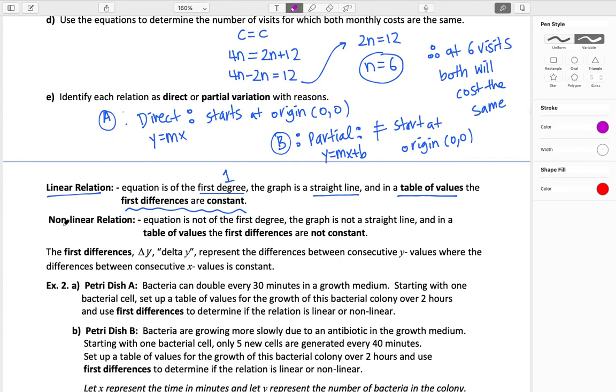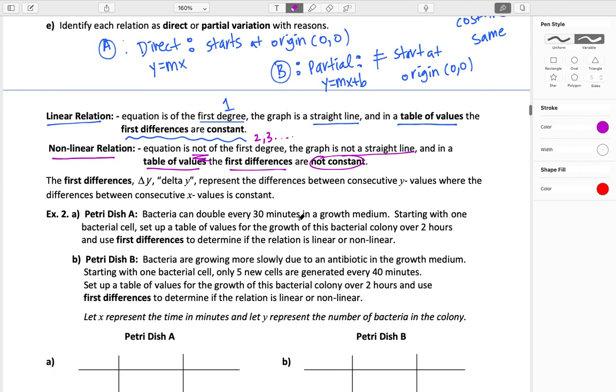For nonlinear relation, the equation is not the first degree. So your exponent will be like 2, 3, and so forth. The graph is not a straight line. And for the table of values, the first difference is going to be not consistent. Okay. Now, another thing that I do want to note is the first difference is represented using triangle y.